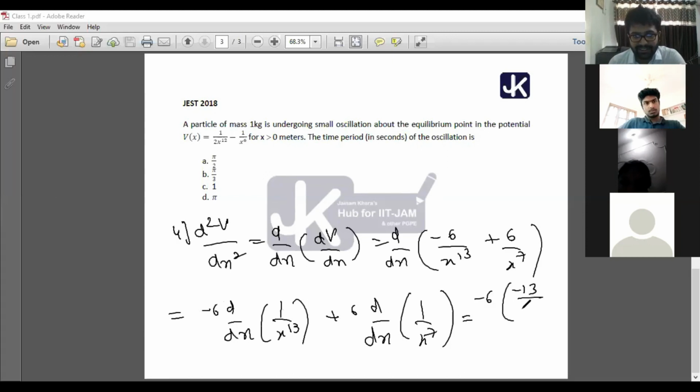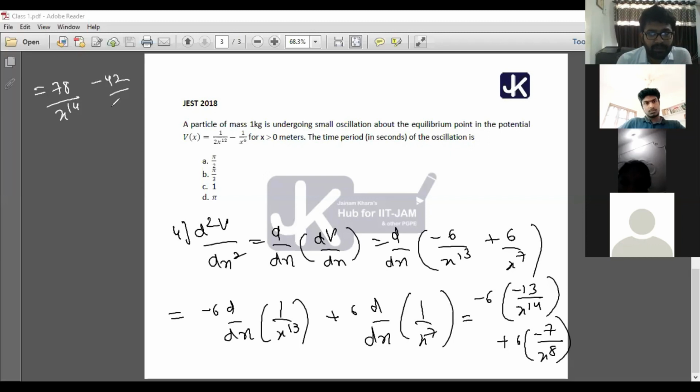This is minus 13 upon x raised to 14, plus 6 into, what is the derivative of 1 upon x raised to 7? Minus 7 upon x raised to 8. Open the brackets. What do we get? Minus 6 into minus 13, minus minus becomes plus, 13 into 6, 78 upon x raised to 14, minus 7 into 6, 42 upon x raised to 8.